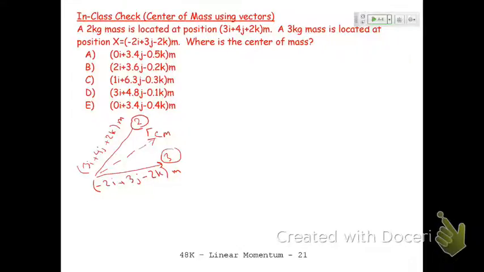And so what I do is I write down my x center of mass is equal to the sum of m_i x_i over the sum of m_i. And I say, well, based on that, my r center of mass is equal to the sum of m_i r_i over the sum of m_i.